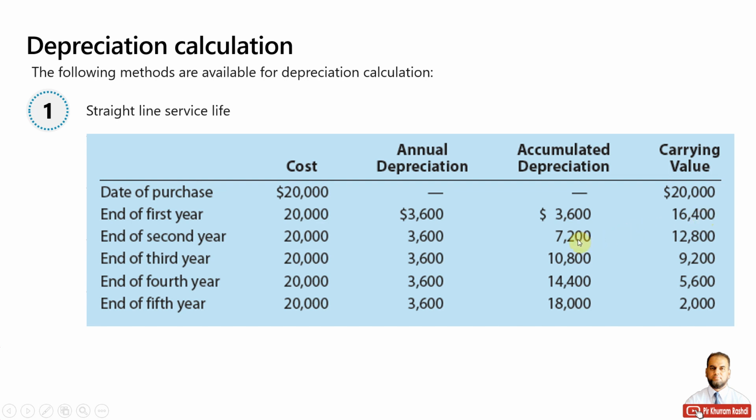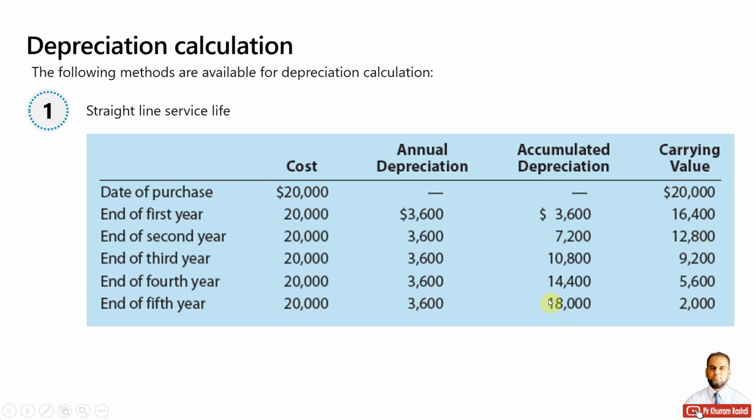Similarly, at the end of the second year, 7,200 will be accumulated depreciation, and 3,600 will be further reduced from 16,400, so it will become 12,800, and so on, until the residual value of $2,000 remains, because it cannot reduce more than that. That is defined in the fixed asset parameters for all the assets.